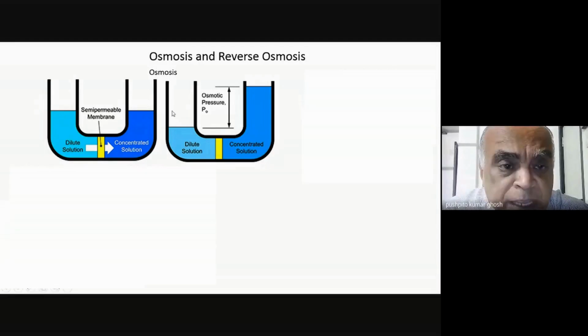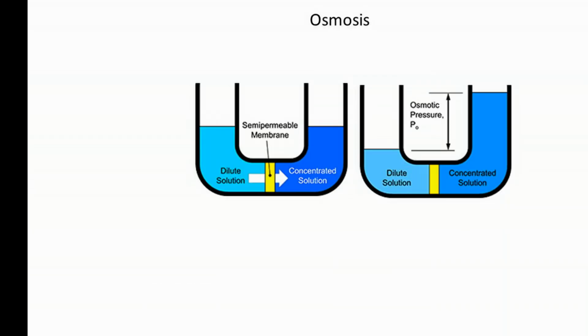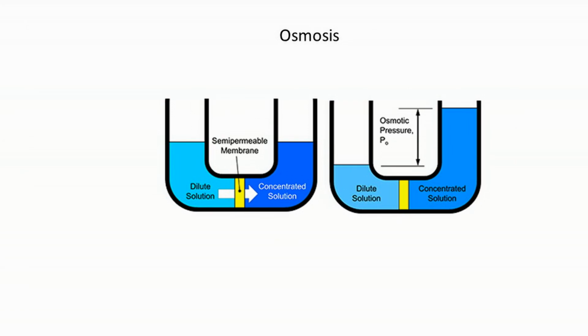Osmosis, of course, we all know, you studied it in school, that if I've got a semi-permeable membrane, semi-permeable means, that is what semi stands for, that it only allows the solvent to pass through. And if I've got a concentrated solution of a solute, such as a salt solution on one side, and a dilute solution of the salt on the other, then because of the nature of the membrane, only pure water will permeate across the membrane, leaving a more concentrated salt solution behind.